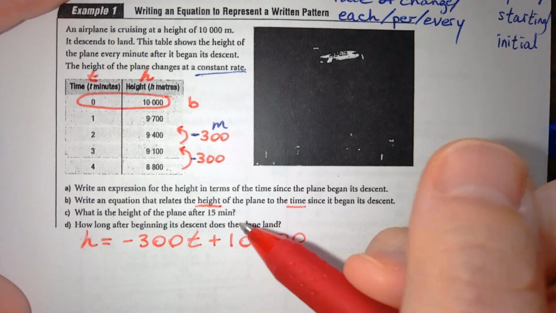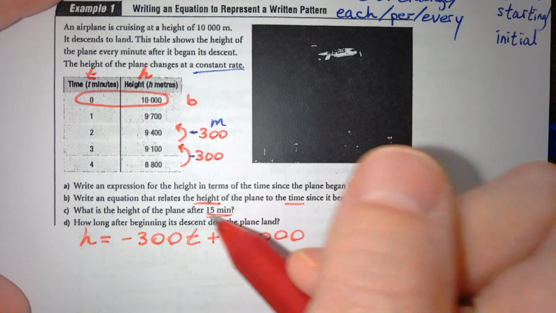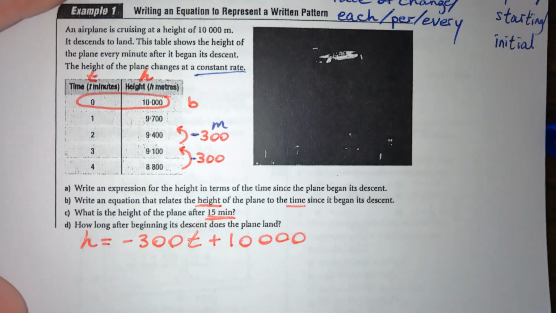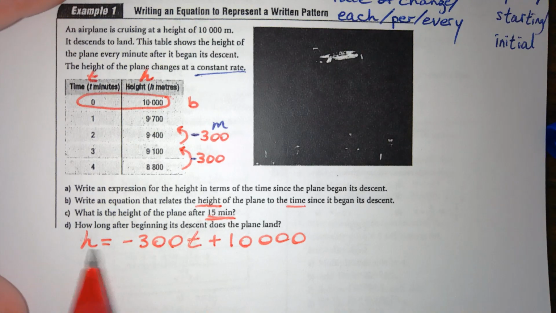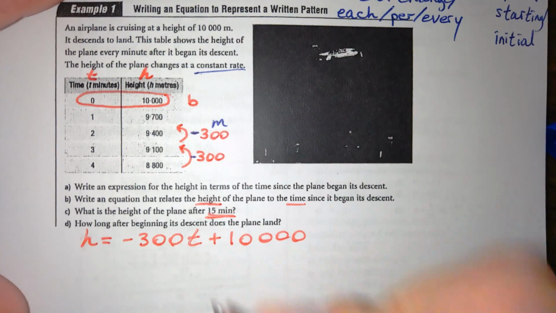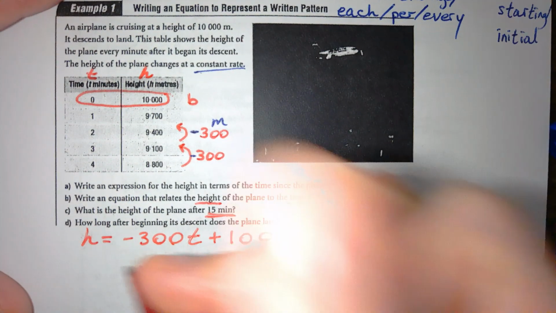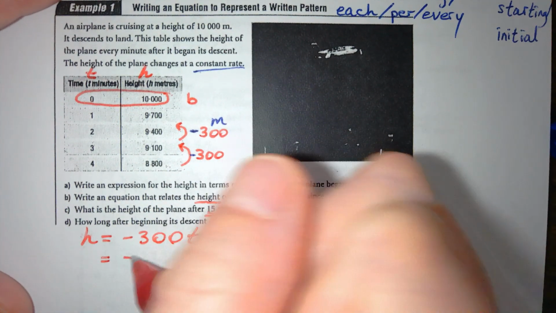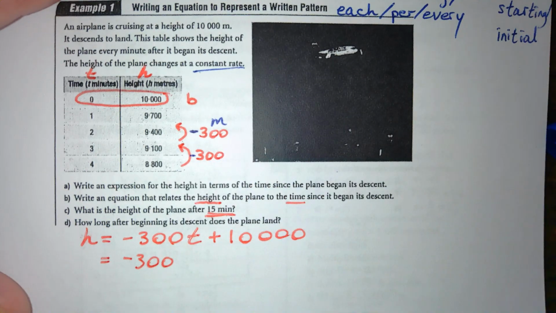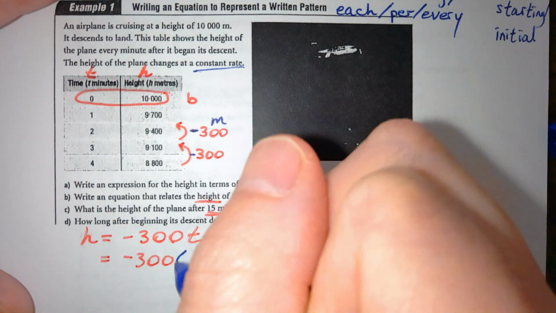Well, as I said, in grade 9, we tell you what one of the variables is. So what is the height of the plane after 15 minutes? So what should I replace? Yeah, I'm going to replace the t with a 15. And so that's why sometimes it's much better to use meaningful letters other than x and y.